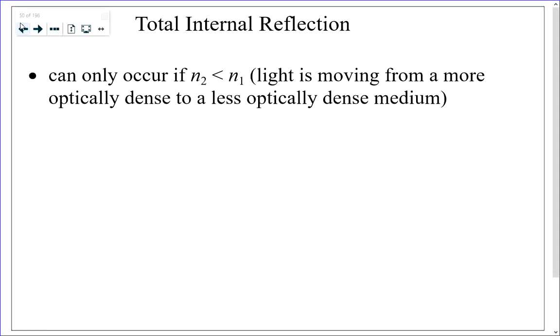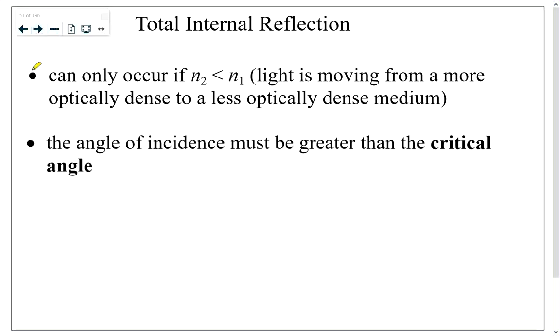It doesn't have to experience total internal reflection, but it's a possibility. We'll get to the condition that's necessary for that in just a second. The angle of incidence has to be greater than what's called the critical angle. So if the critical angle for light going from water to air is 48 degrees, and the angle of incidence is more than 48 degrees, then total internal reflection will occur.